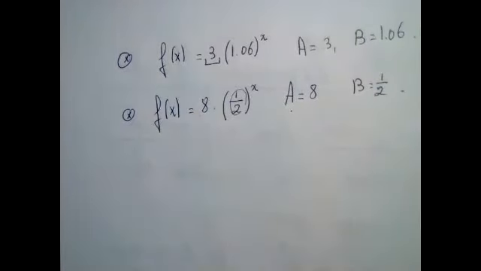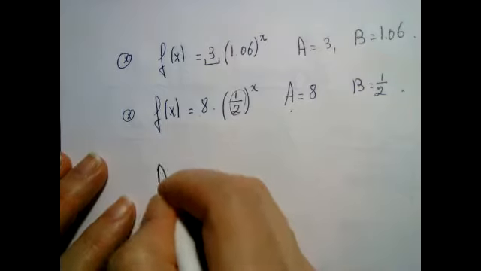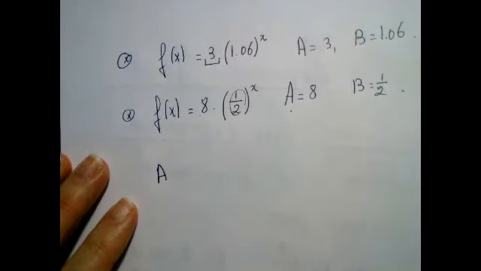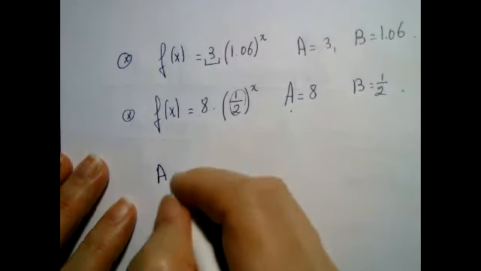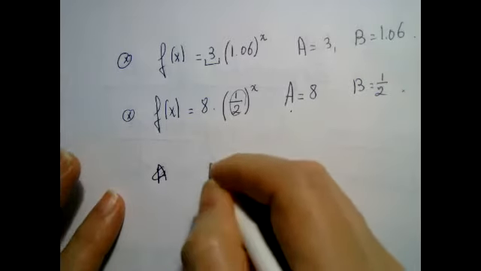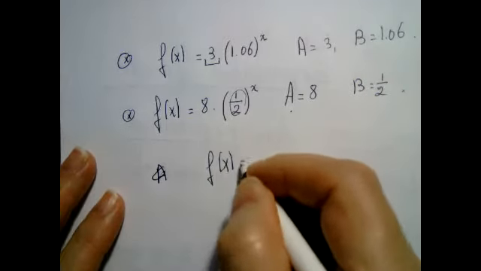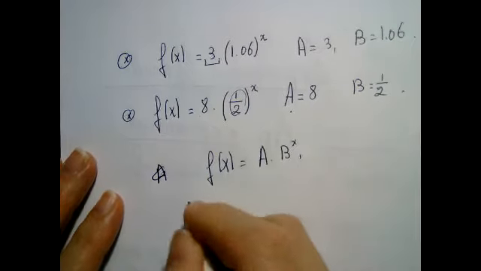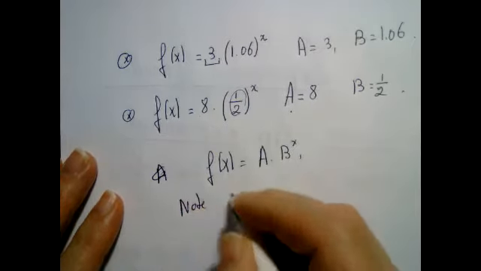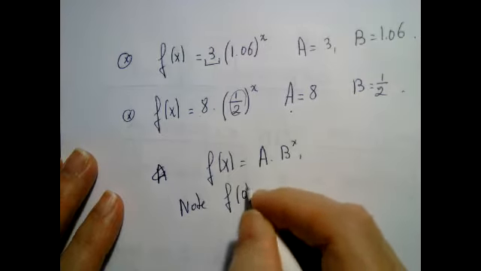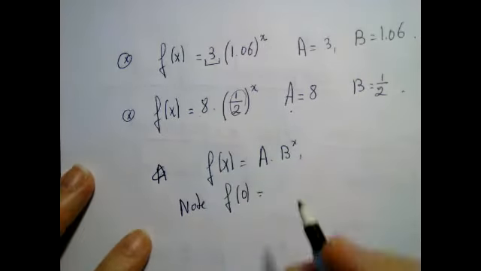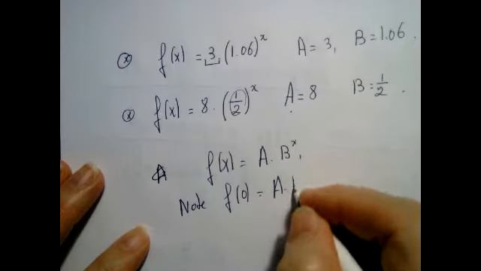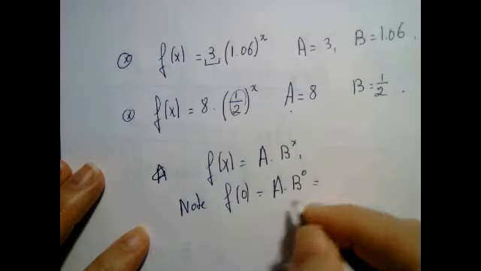Now a has a special name. Actually, the name for a reflects what a is. So suppose f of x equals an exponential. Then we have to note that f of 0, the output at 0, is a times b to the 0.